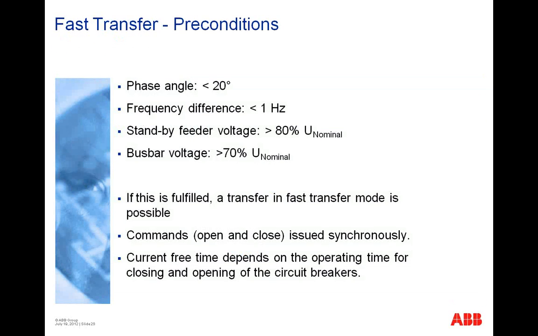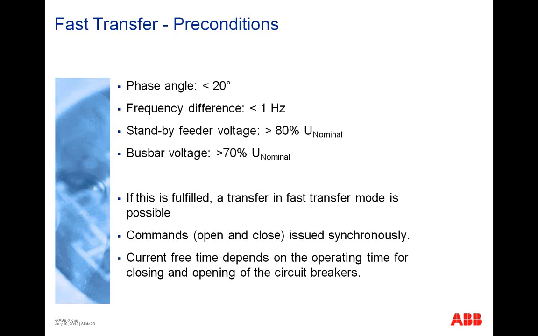We need some preconditions. That means the network situation at the moment of the initiation of a fast transfer. They should be synchronous. Fast transfer is allowed if the phase angle between busbar and standby voltage is less than 20 degrees, and the frequency difference is less than 1 Hertz.